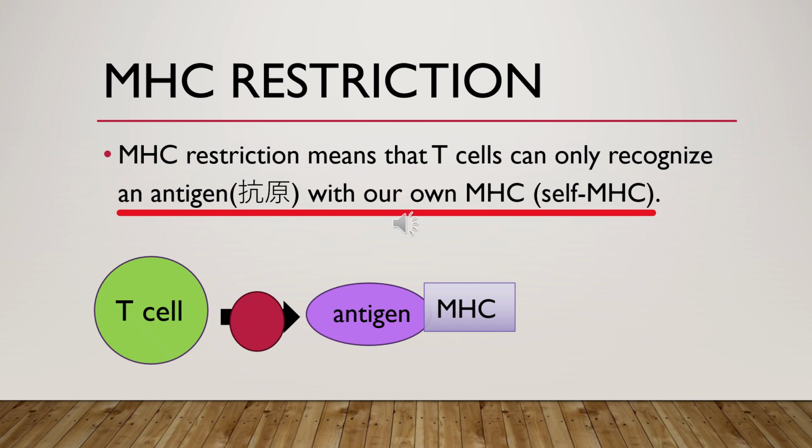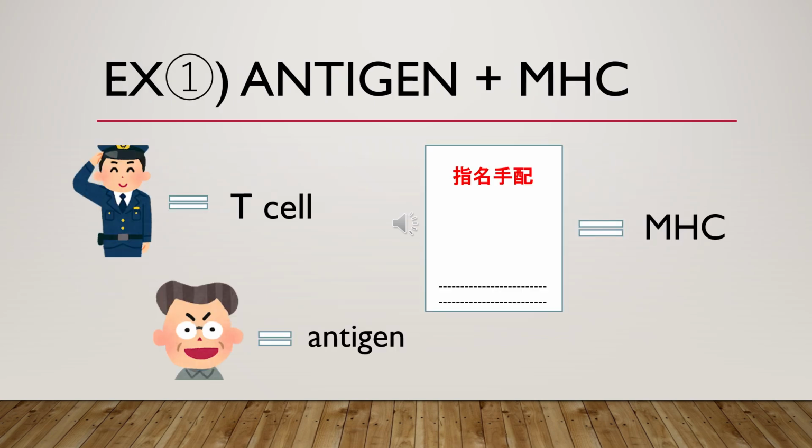MHC restriction means that T cells can only recognize an antigen with our own MHC. Now, let's look at this slide. T cells need both signals, the antigen itself and the MHC molecule presenting it.